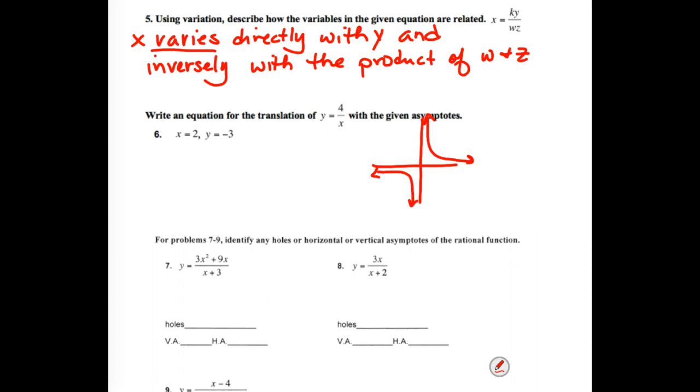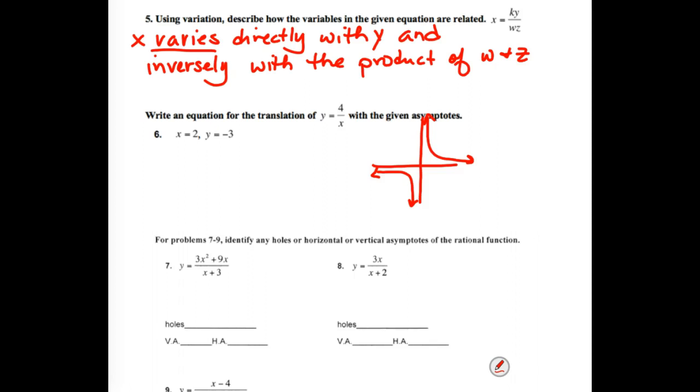Then it flip-flopped and reflected over the x-axis and was in 2 and 4. We have a positive k value, so we know it's going to start out in quadrants 1 and 3. The 4 is going to do what to my graph compared to a 1? It does have a vertical stretch, so it's going to pull away from the origin a little bit.